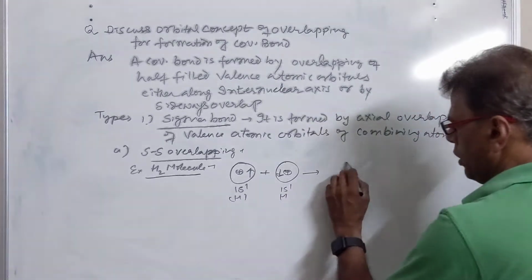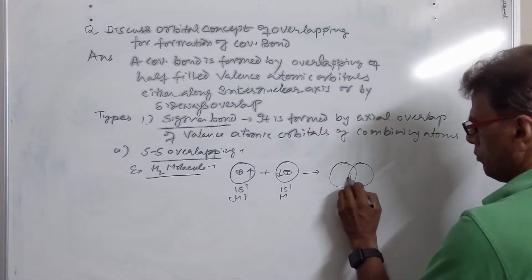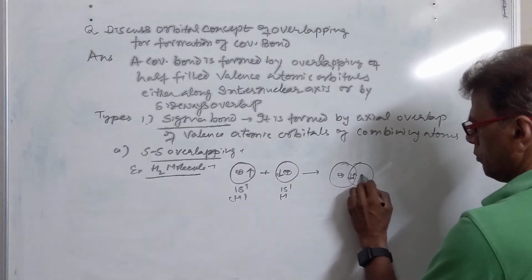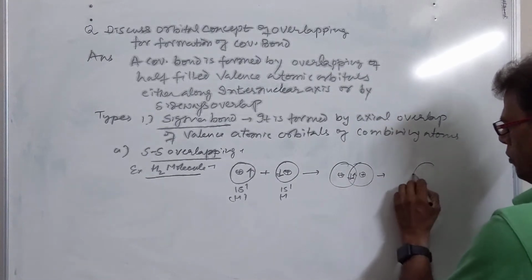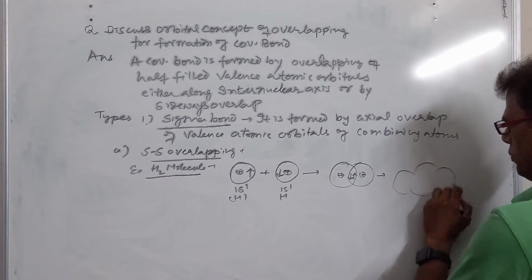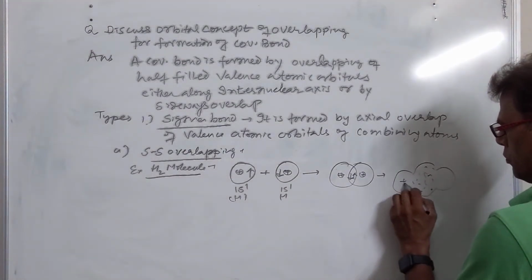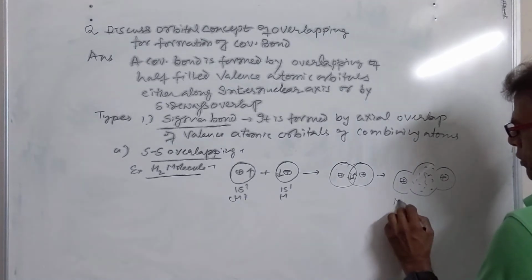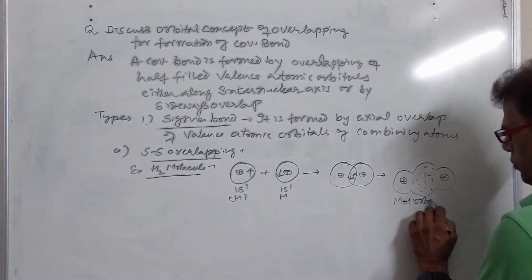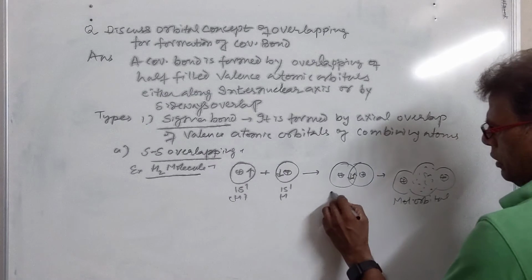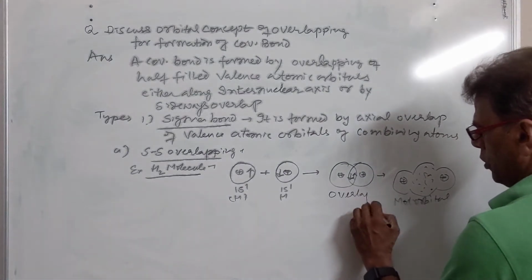They overlap together and form a covalent bond. This is our molecular orbital, formed by overlapping of the atomic orbitals.